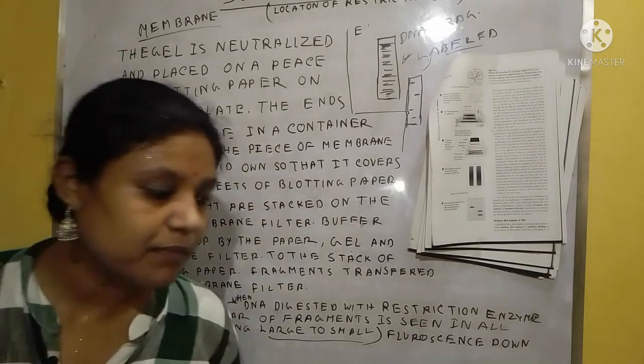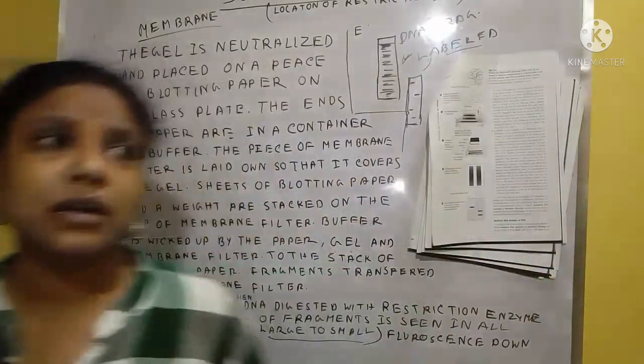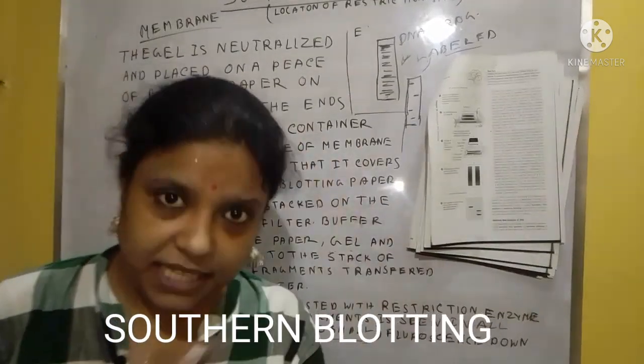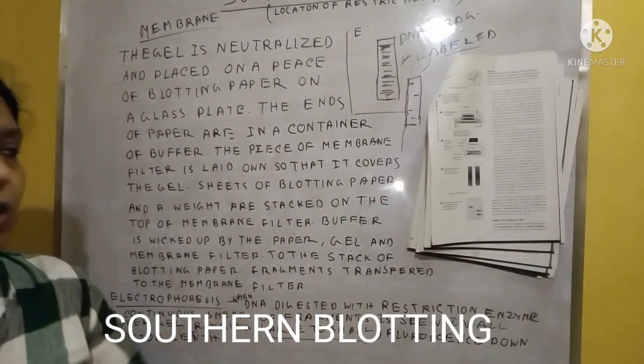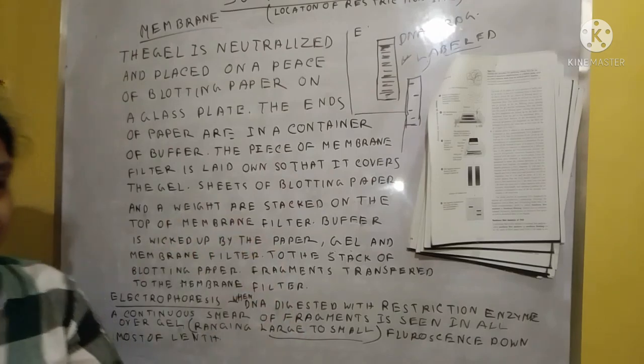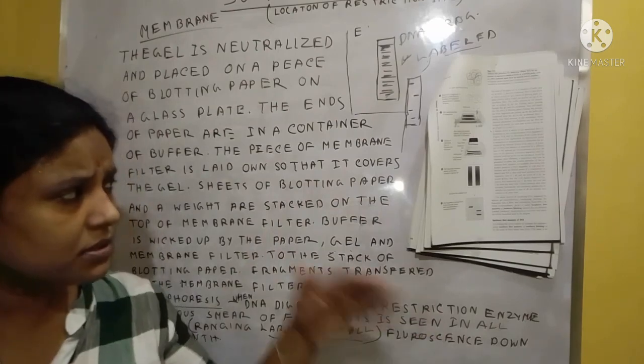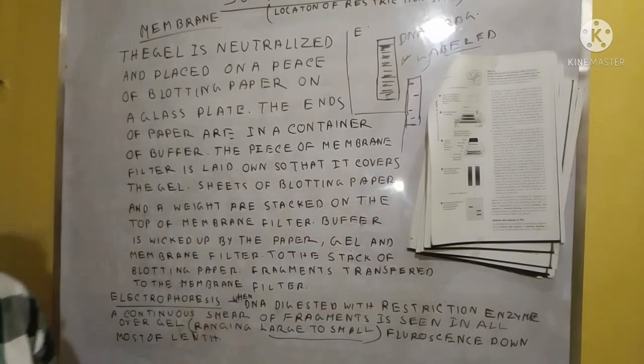So this is the Southern blot method. The same process is used in the Northern blot method. If you understand in this manner how gel electrophoresis and the membrane filter are used for transferring the DNA fragments, then you can easily understand the Northern blotting method.